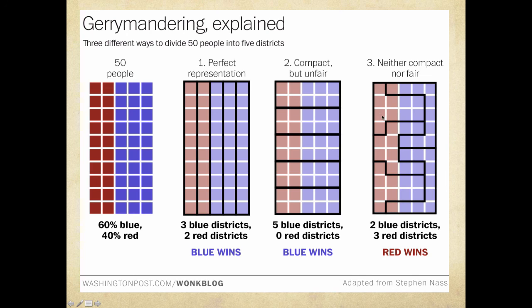Basically, if red was the Republicans, then there would be a majority of Republicans in Congress for this particular state, even though there were a minority of people in that state that were actually Republican. Right? There were only 40% Republican, but there are 3 red or Republican districts in the representation in Congress. So not compact and not fair.